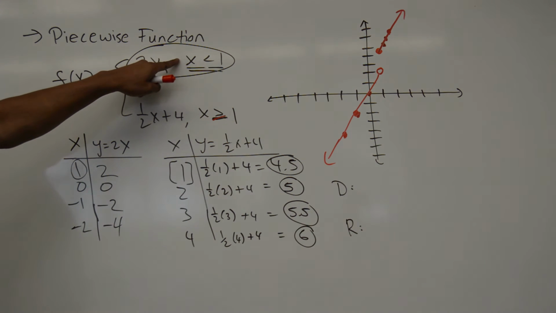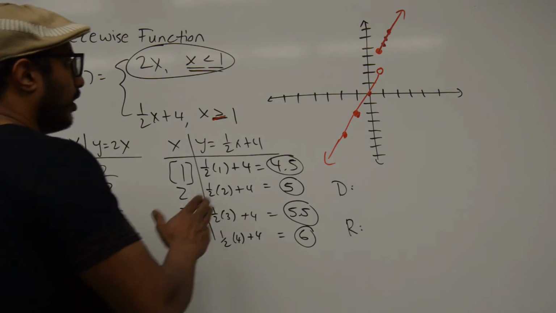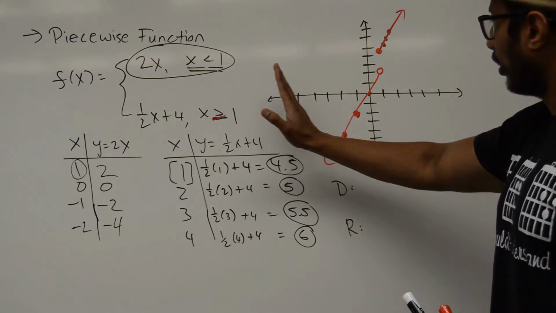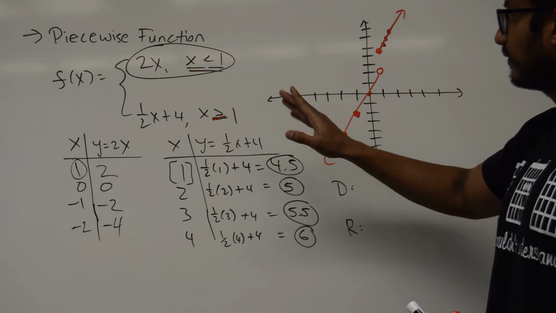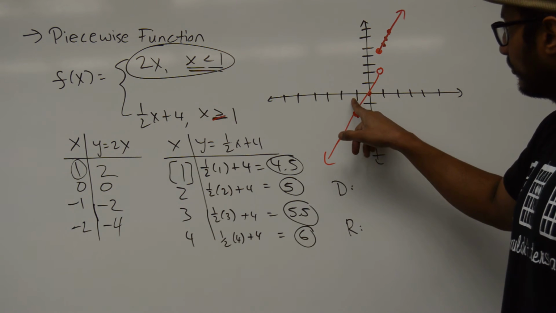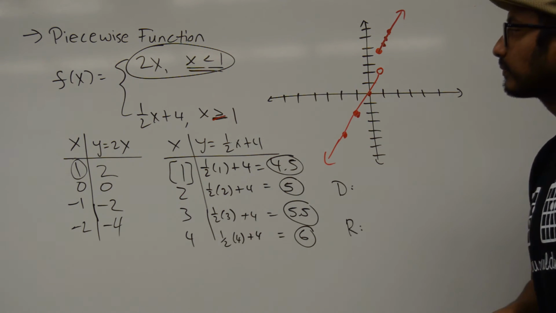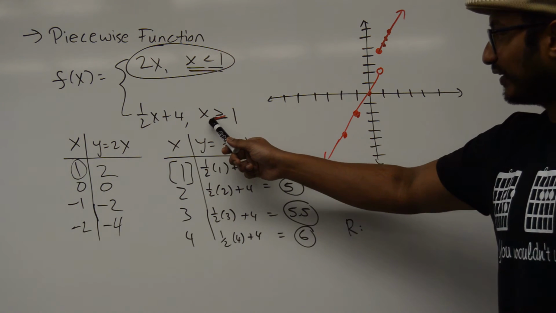This domain is x less than 1, and this is x greater than or equal to 1. So that means that here, every x value to the left of 1 is covered because x less than 1. That means 0, negative 1, negative 2, negative 3, negative 4, negative 5, negative 6. They're all going to be covered. Then on this side, x greater than or equal to 1.